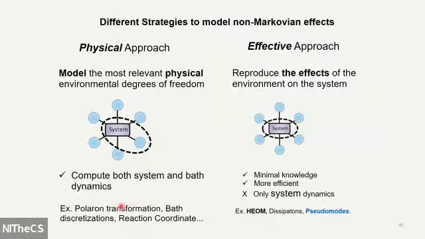And I guess this is true of things like the reaction coordinate as well, and polaron and so on. But things like the HEOM and maybe the pseudomodes are what you might call effective approaches, in the sense that we construct a model where we do have some additional modes, but they're not necessarily related to the ones that you had in the original Hamiltonian, which makes them sometimes a bit more opaque, I would say.